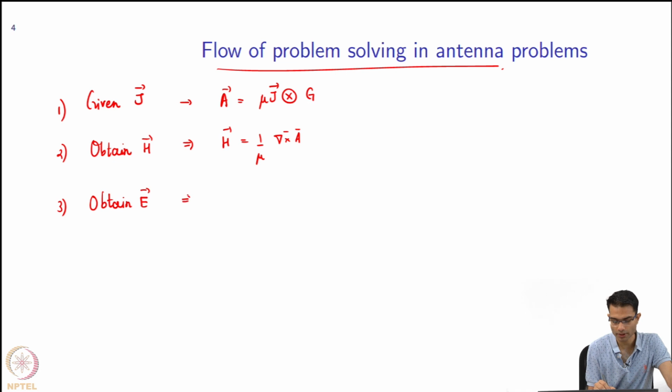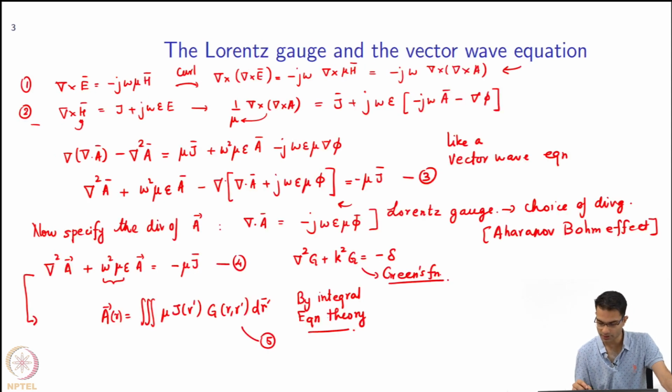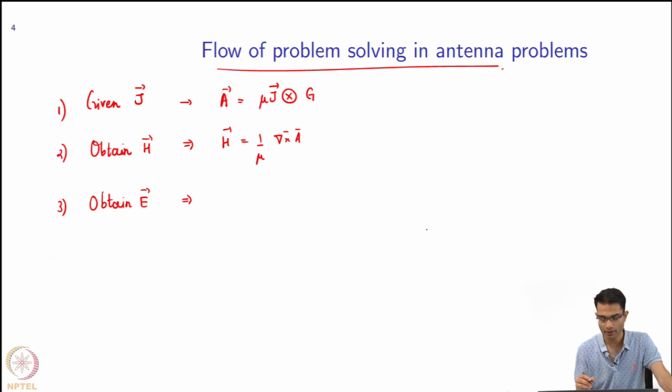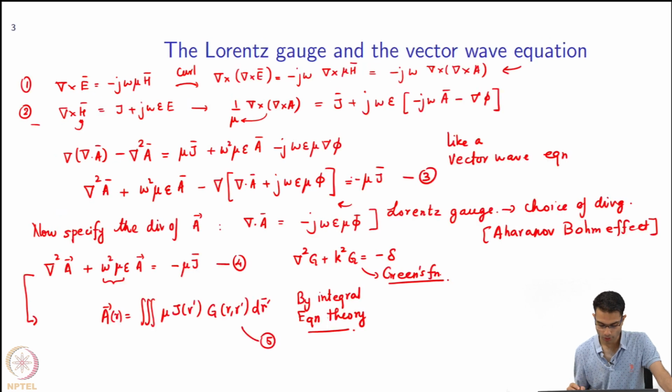So, E is going to be, what choices do I have? In terms of this definition over here, E is minus j omega A minus grad phi, and we have found a relation for phi over here.